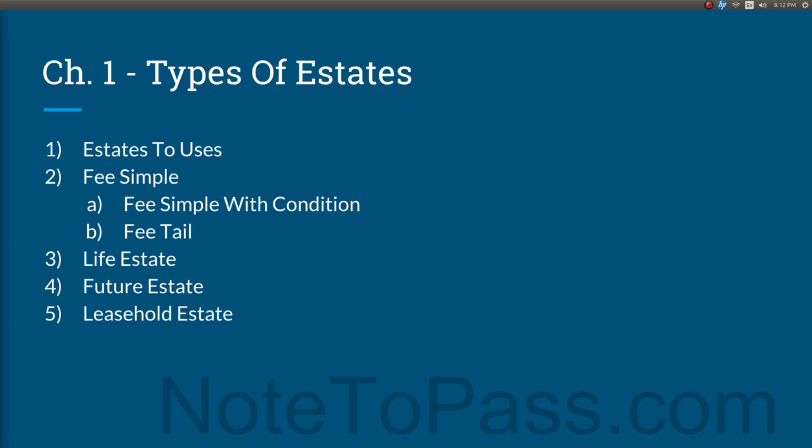So for example, when the owner of the life estate dies, the property will go to the future estate. Let's take an example. If a husband provides a life estate to his wife and a future estate to his son, then the wife will occupy the house for a lifetime.